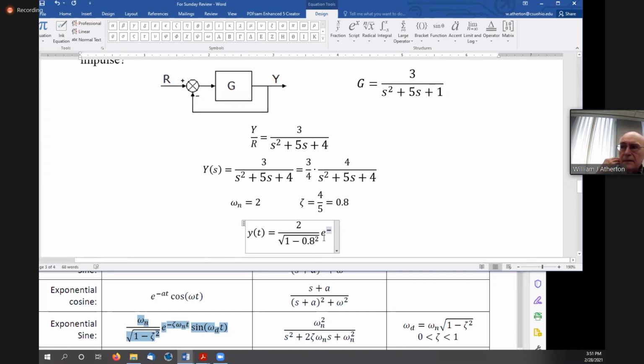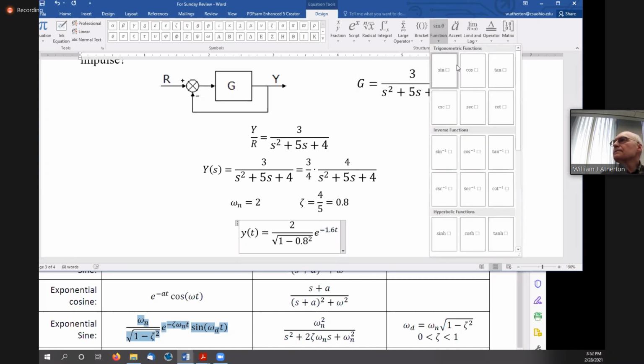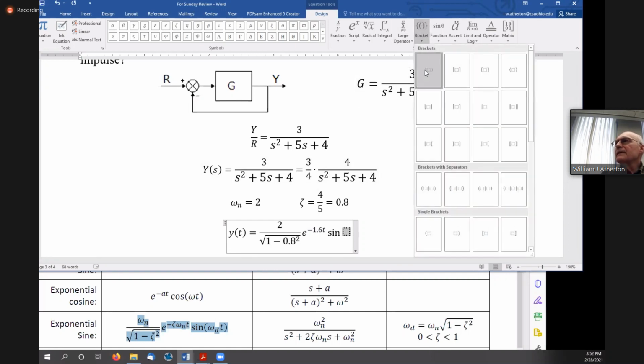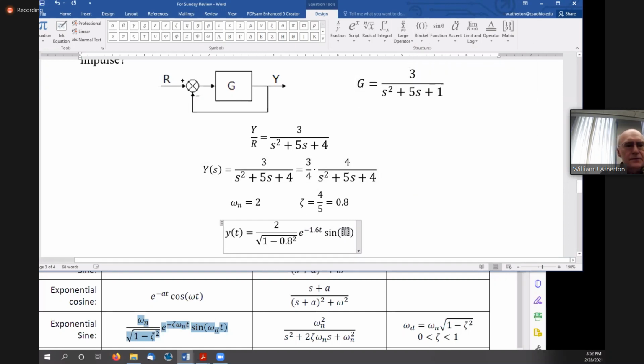Zeta is 4/5 multiplied by 2, that's 8/5, 1.6. Put it as 1.6 times t, times the sine function, sine of 2t. Looks like that.